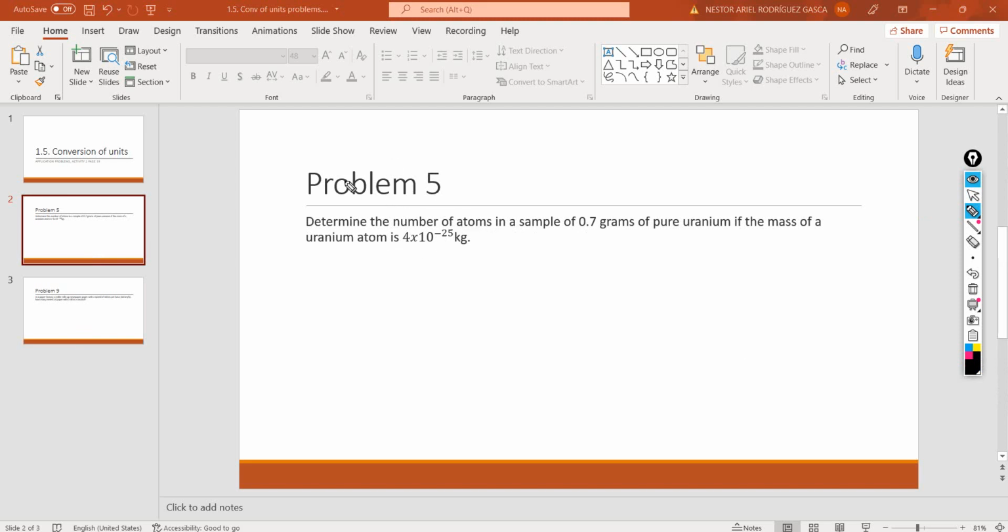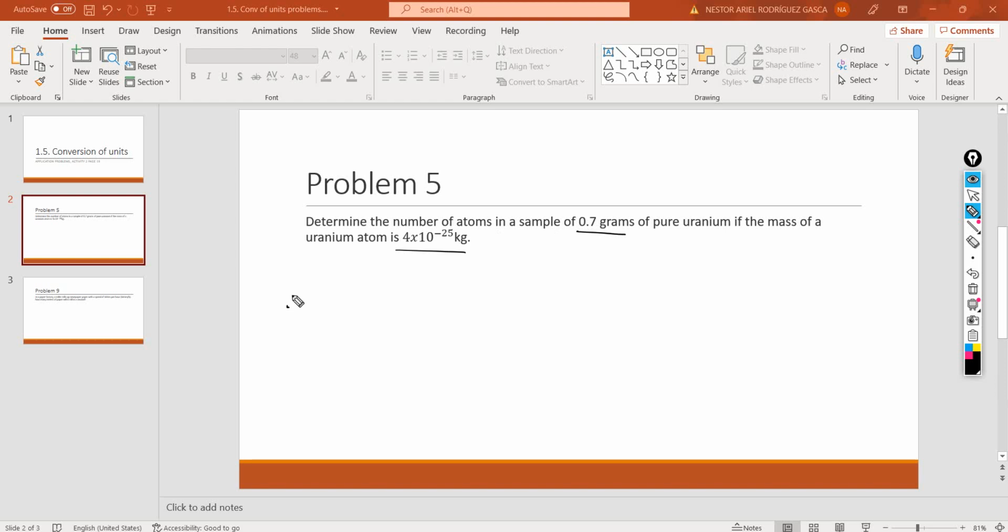So problem number 5 says, determine the number of atoms in a sample of 0.7 grams of pure uranium if the mass of a uranium atom is 4 times 10 to the minus 25 kilograms. Okay, so we need the number of atoms in a sample. What is a sample?